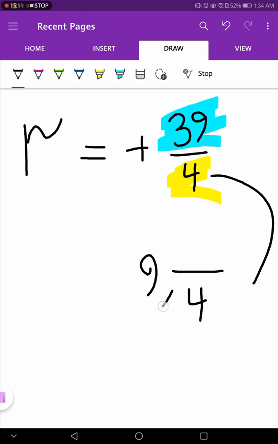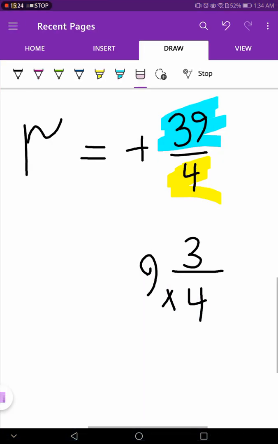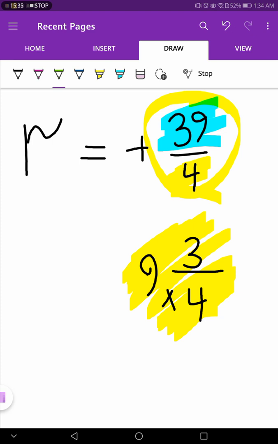You multiply 9 by 4, which is 36, and the remainder is 3 to reach the 39. So this mixed number equals this fraction, my dear student, and this is the value of r.